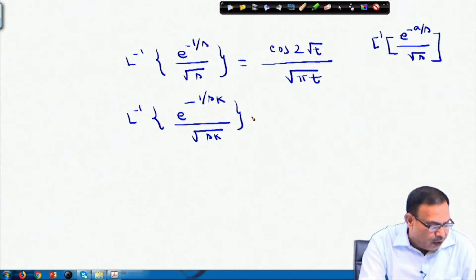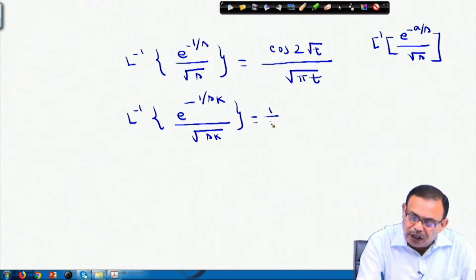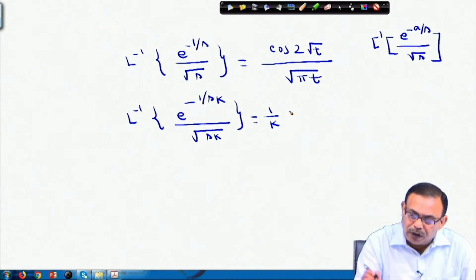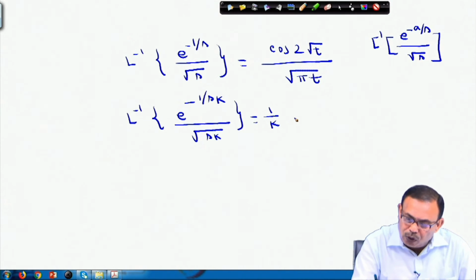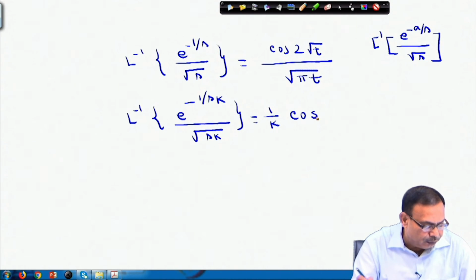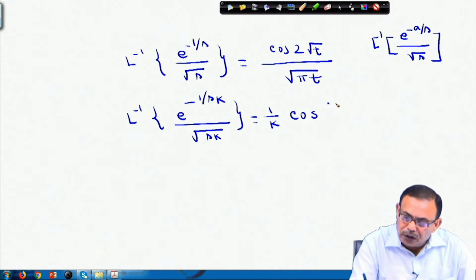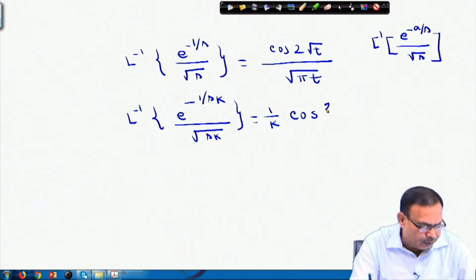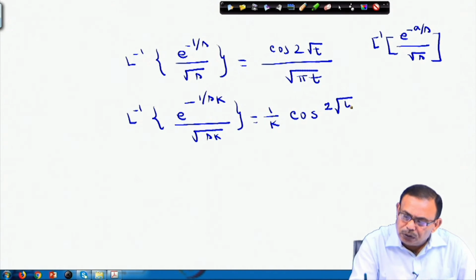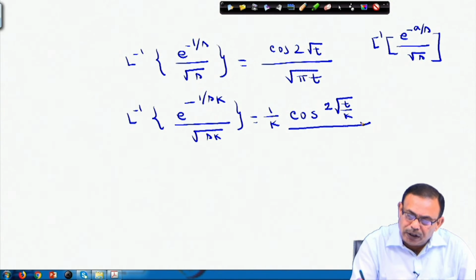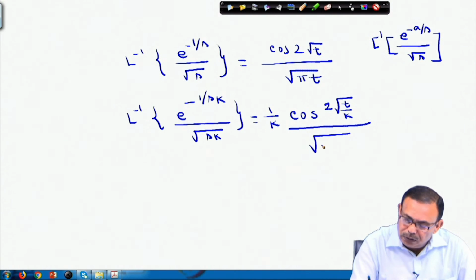In this case, what will happen? 1 by k will come over here from the property again, into cos of, in the numerator, 2 root over t by k, divided by root over pi into t by k.